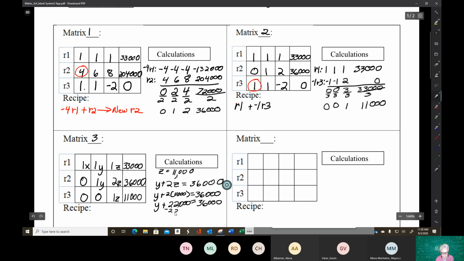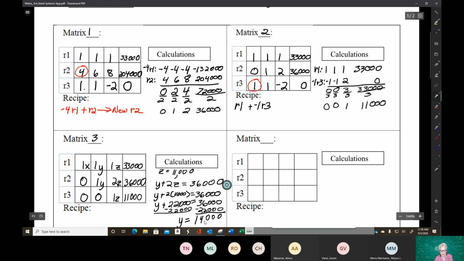Subtract 22,000 from both sides. That leaves me 14,000. So I'll have Y equals 14,000. Do you see that? I subtracted the 22,000 over. I was left with Y. So Y is all I've got now.